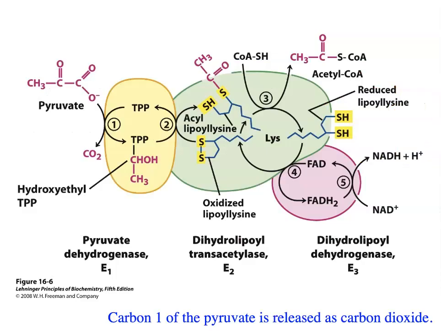All right, now let's look at the various steps of the oxidative decarboxylation of pyruvate. In step 1, pyruvate reacts with the enzyme-bound thiamine pyrophosphate, TPP, and undergoes decarboxylation. So, bam, carbon dioxide is released. We have now the acyl group attached to TPP.